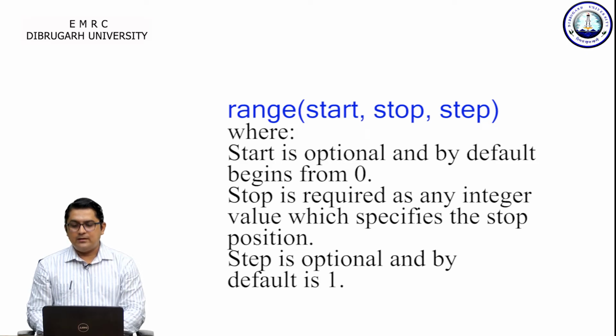You can see here there is a start, a stop and a step, where start is optional and by default it starts from 0, stop is required as any integer value where you want the loop to stop, and step is again optional, which by default is 1.